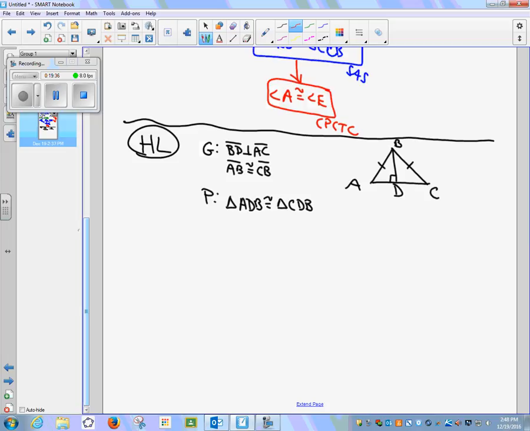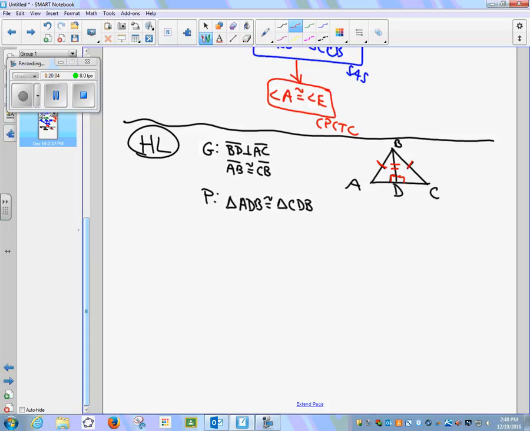We're going to mark our diagram, so I put the right angle there because of perpendicular. Let's put a right angle on both sides. AB is congruent to CB, we mark that. Remember, then mark anything else that you know. So what else would you be able to mark here? Yep, reflexive, you can mark this.